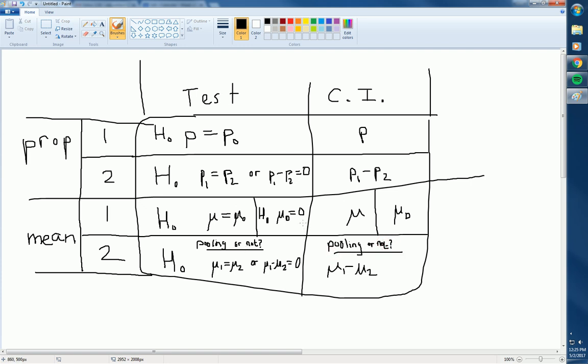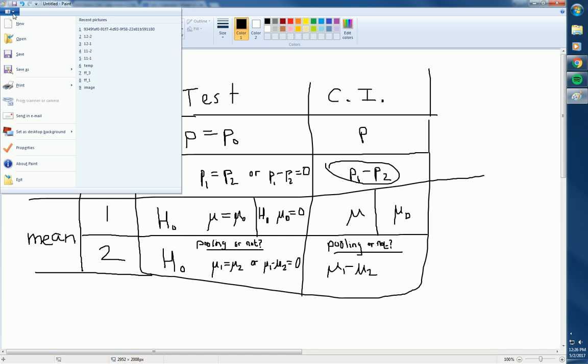But if you think in terms of this table, and when you read a question, you figure out where you are on the table, maybe you decide, oh, I'm right here on the table, then you know what to do. You need a confidence interval for a difference of two proportions. So let's look at the formula sheet now in terms of the formulas for all of these different scenarios.